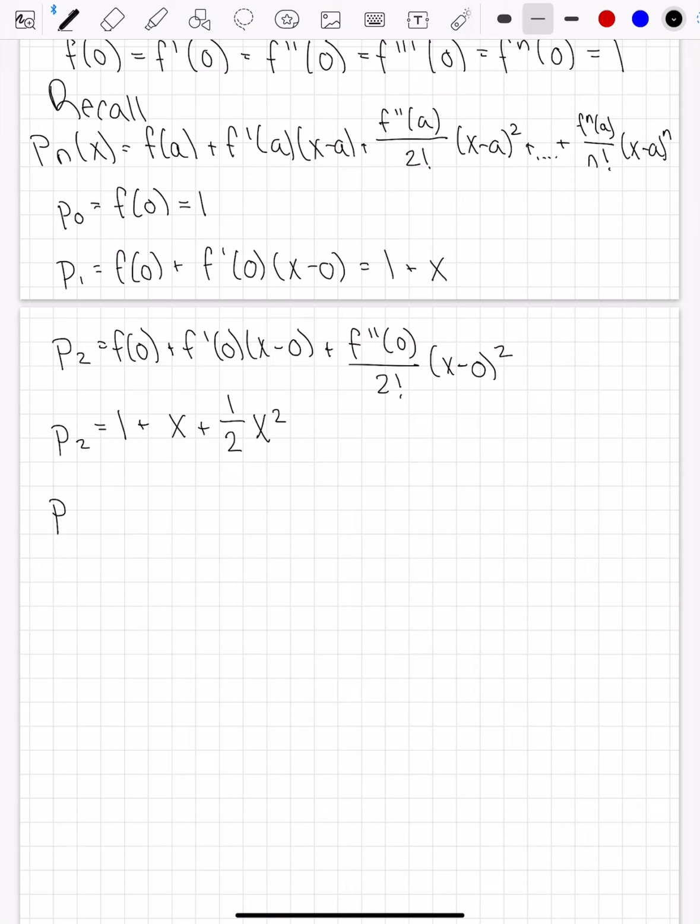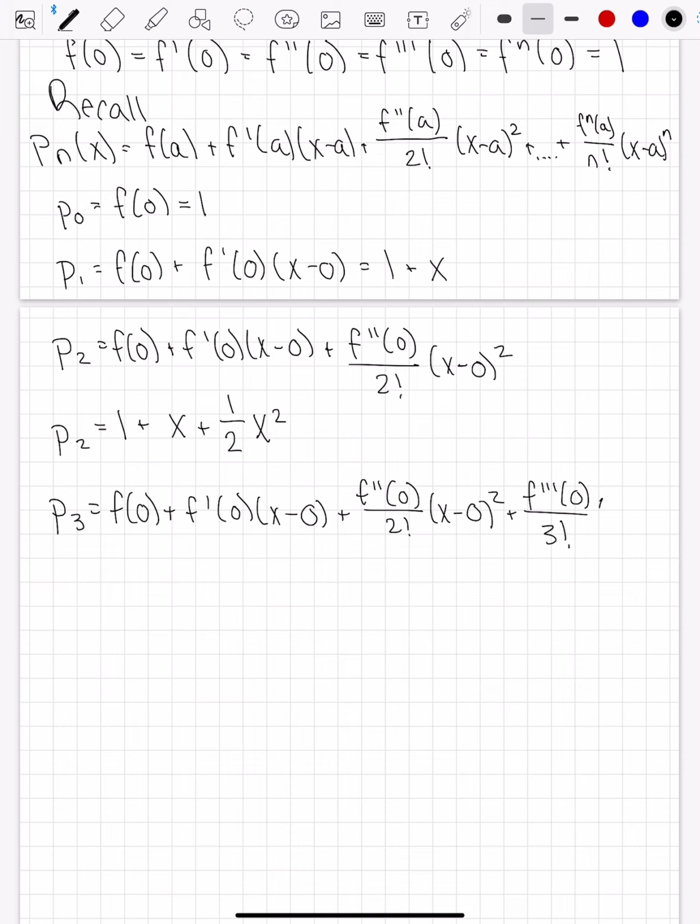And then finally P3 is all those terms from P2, and then we need to add the n equals 3 term to the very end. So f triple prime of 0 over 3 factorial times x minus 0 cubed.